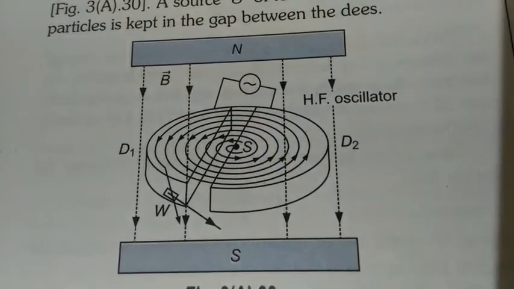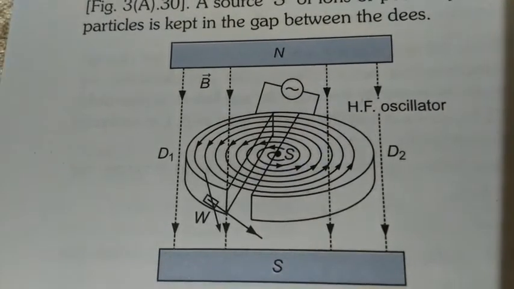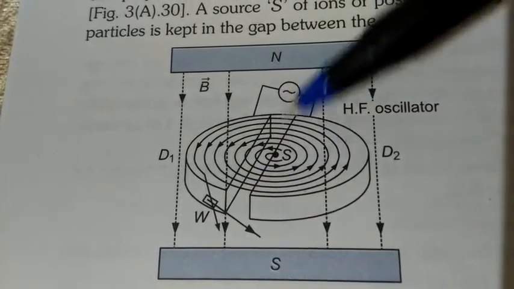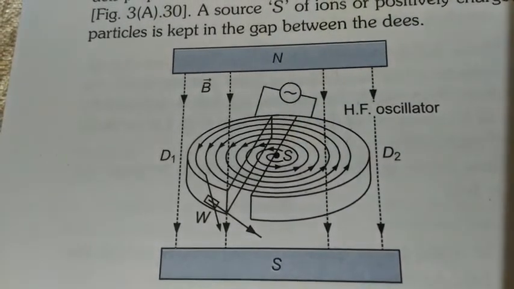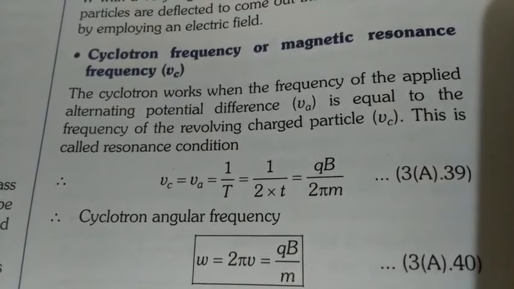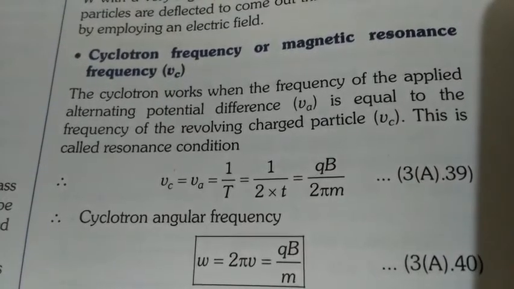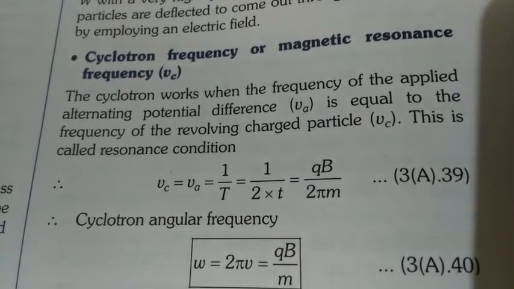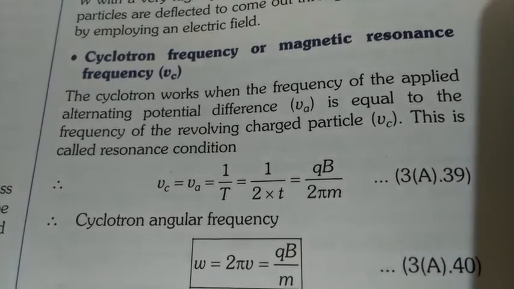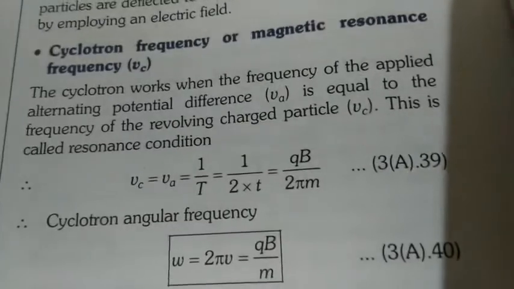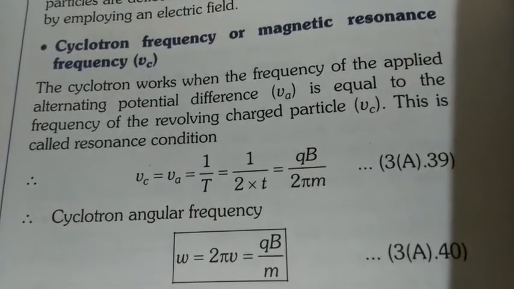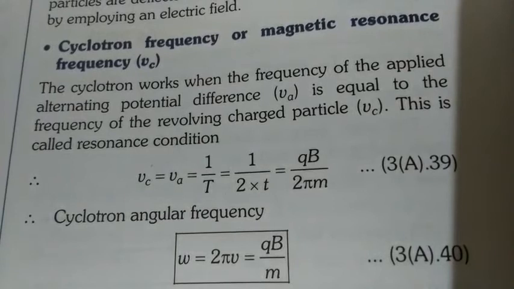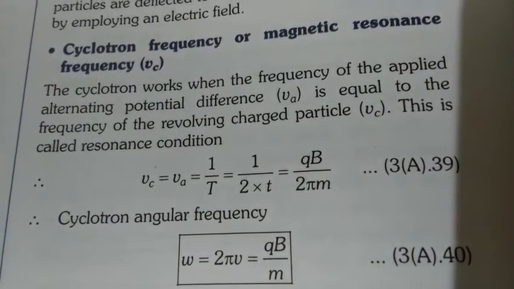So the alternating potential difference frequency should be equal to the frequency of the particle. When that condition is achieved, that time only we get the resonance condition. If that condition is not fulfilled, we will not get proper resonance, and the particle will not move properly in D1 and D2.